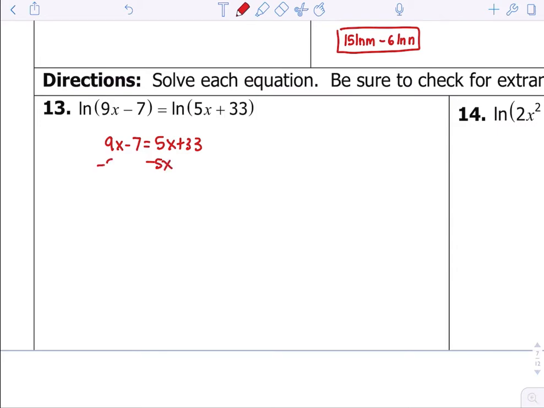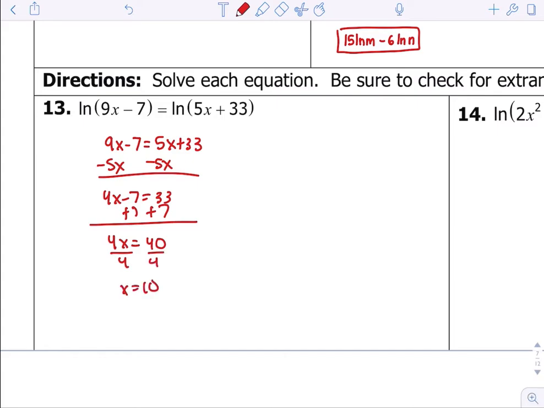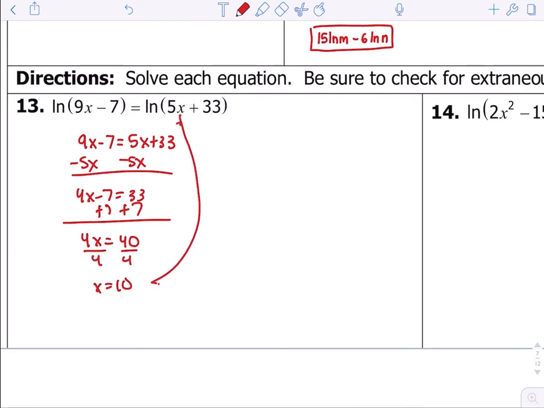So subtract both sides by 5x, add 7 to both sides, divide both sides by 4, and x is equal to 10. Now let's make sure when you plug it in that you don't get any negatives. So it looks to be good. That's 83 and that's 83. So that's good. So x is going to equal 10.